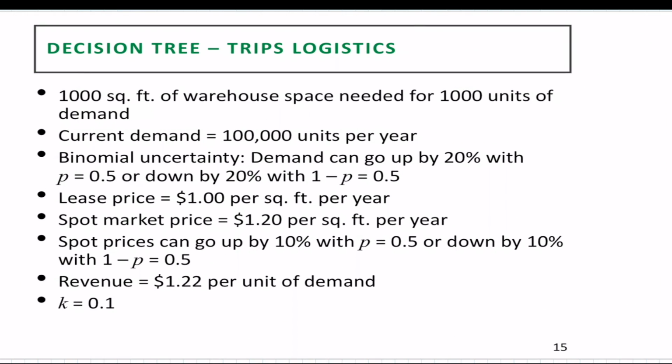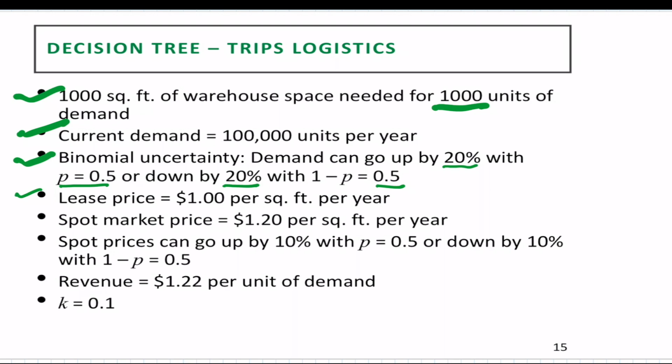So we have data like this. 1,000 square feet of warehouse space needed for 1,000 units of demand, and current demand is 100,000, and we consider binomial uncertainty where demand can go up by 20% with the probability of 0.5 or go down by 20% with the probability of 0.5.